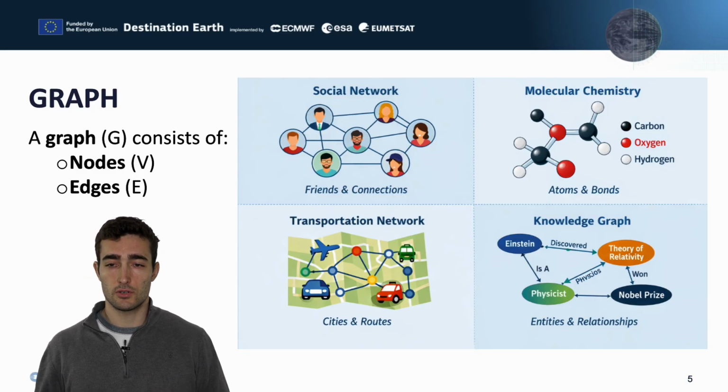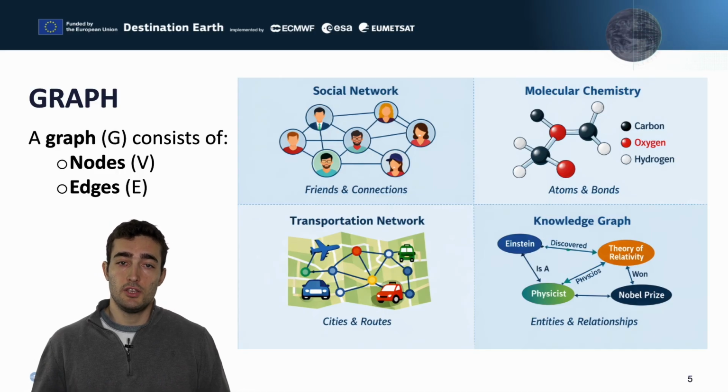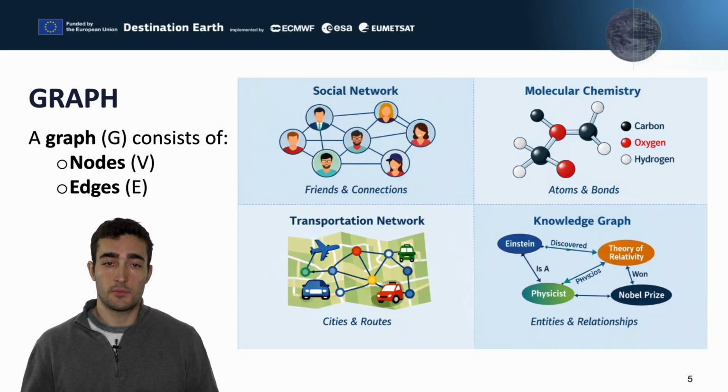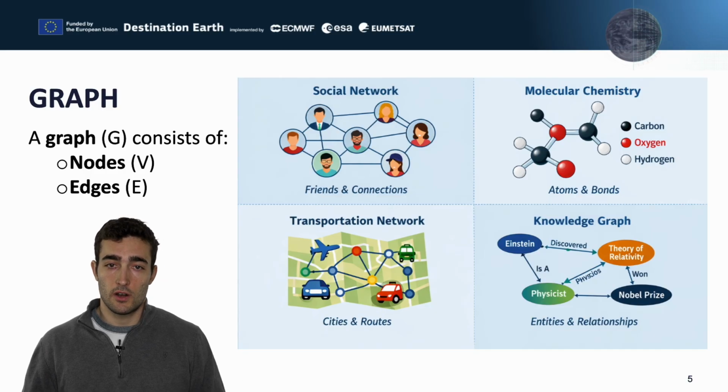And then we also have the concept of knowledge graphs, which try to encapsulate knowledge from a text or a database. The idea here is that you have entities that relate to each other, and these relationships are represented by the edges. So the graph is quite a general data structure that is useful for a lot of problems.